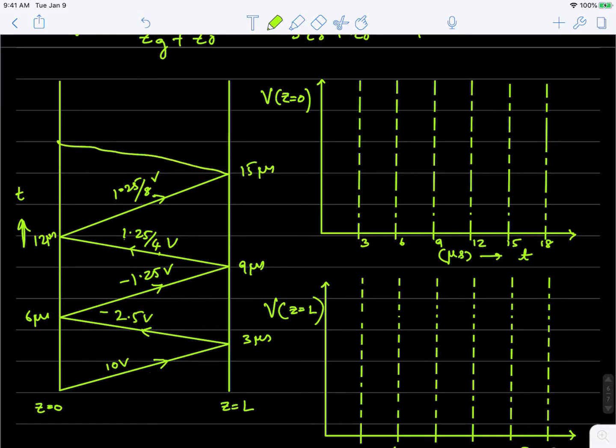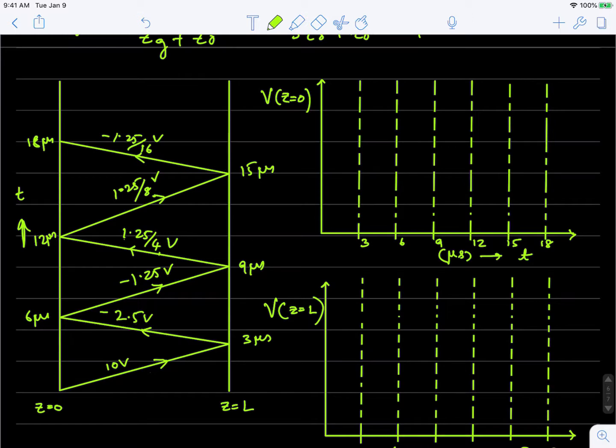Then again we go to the source side, and it is going to be 1.25 divided by 8 into 4. Every time it goes to the load, we divide the signal by minus 1 by 4. Every time it goes to the source, we divide the signal by half. So that means it's going to be minus 1.25 volts divided by 16, and by this time it's 18 microseconds.